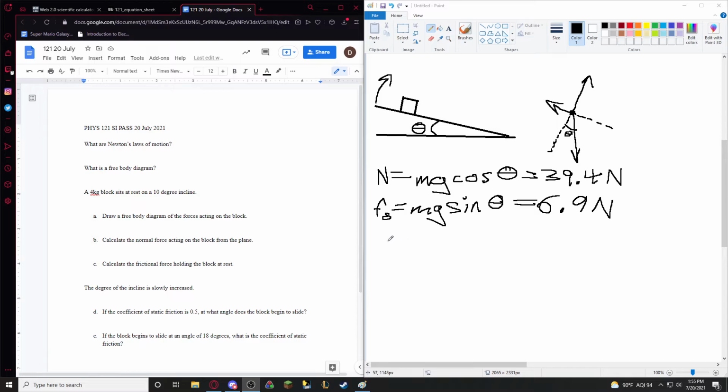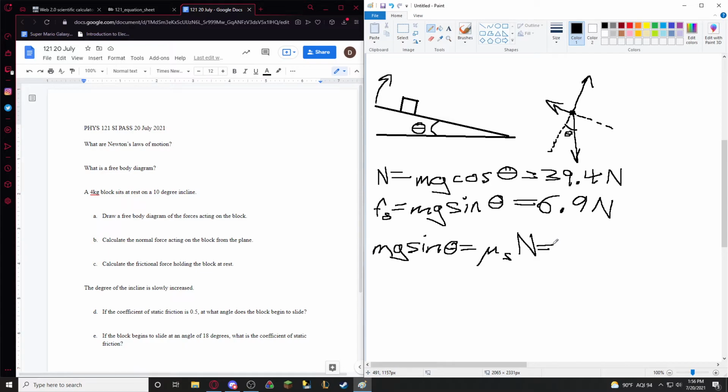You said our frictional force is equal to mg sine theta. So we'll say mg sine of theta is equal to mu s N, our maximum frictional force.